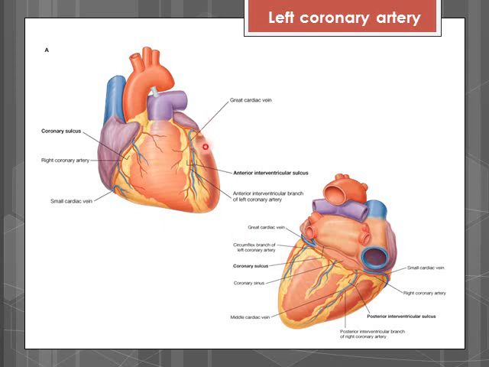One of the ventricular branches is large and is called the left marginal artery that passes along the left margin of the heart to supply it till the apex.